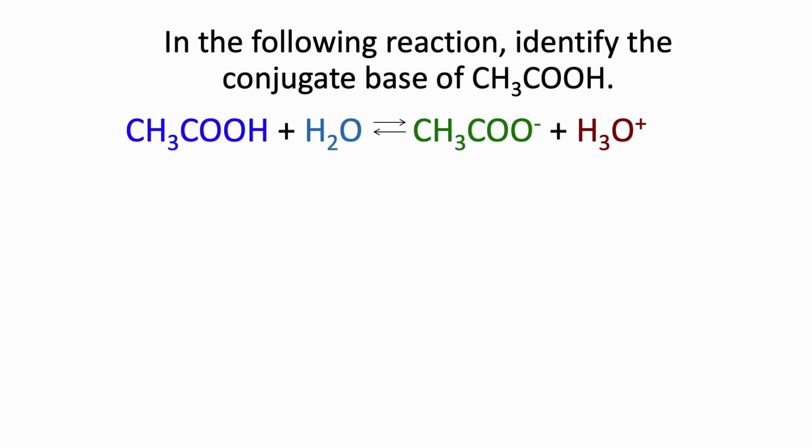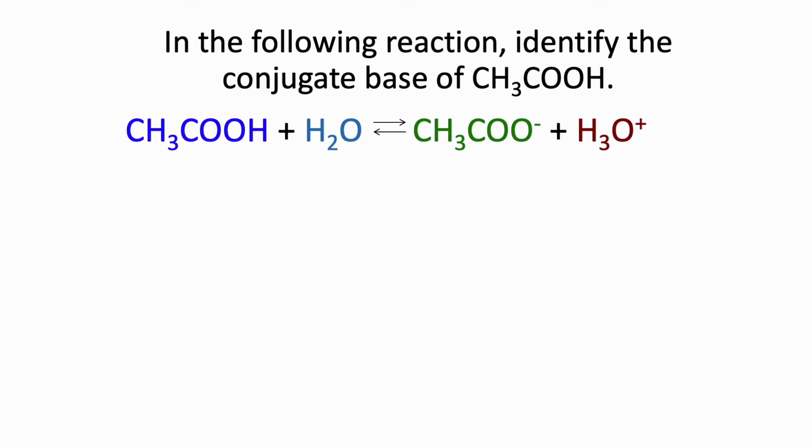So here's a very famous weak acid, acetic acid, which you might know as vinegar. That is acetic acid in the blue here. So it's going to react with water in aqueous solution, forming acetate and H3O+. Now, the question then is, what's the conjugate base of acetic acid?